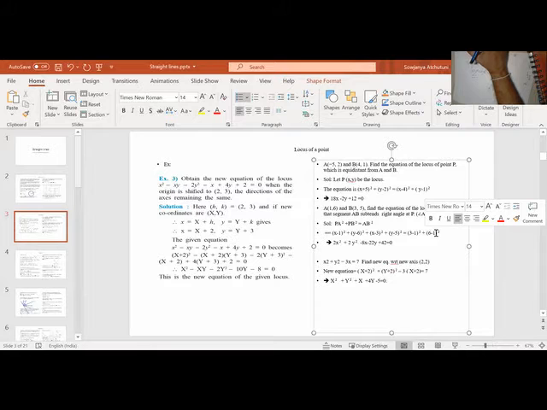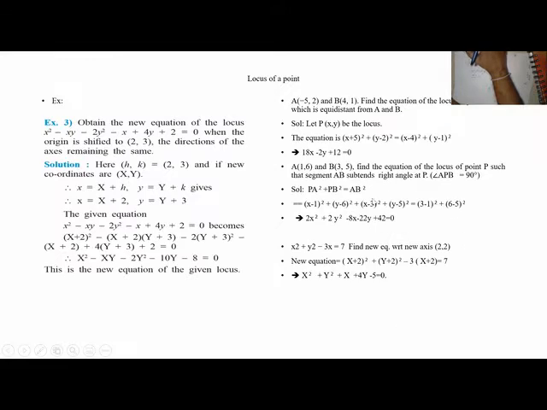The point given is 6, y is 5, 6 minus 5. When I simplify, this is the equation of the locus of the point which is at right angle. If I solve this, I will get 2 points as given.